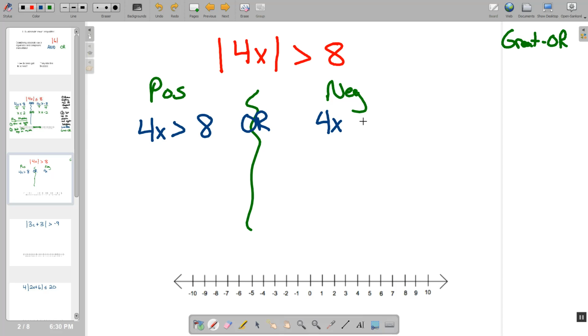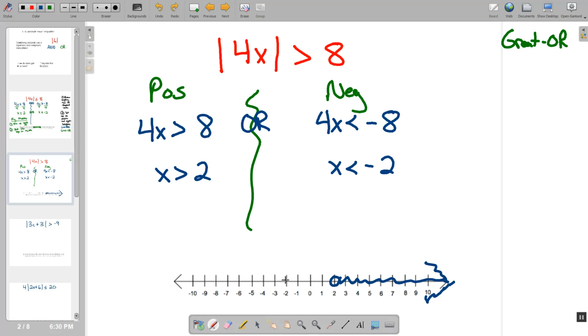Remembering that because this is a negative, we are going to flip the sign, and then we get x is greater than 2, or x is less than negative 2. Therefore, greater than 2 goes this direction, less than negative 2 goes this direction, and there's our set.